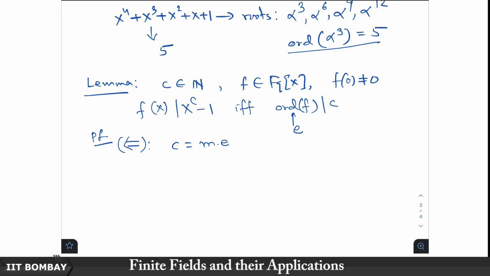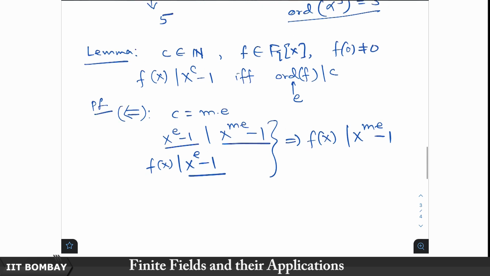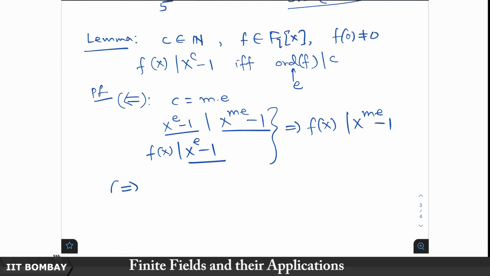But we know that x^e - 1 divides x^{me} - 1, and f(x) divides x^e - 1. So, these two together imply that f(x) divides x^{me} - 1. f(x) divides x^e - 1 and that divides x^{me} - 1. So, that is simple.